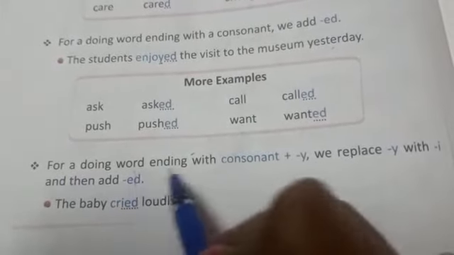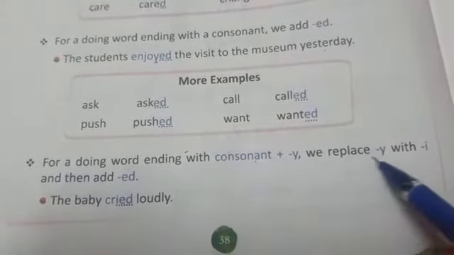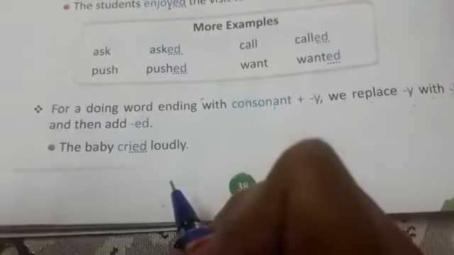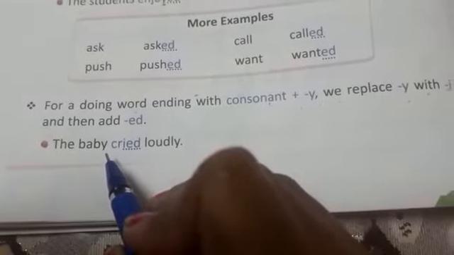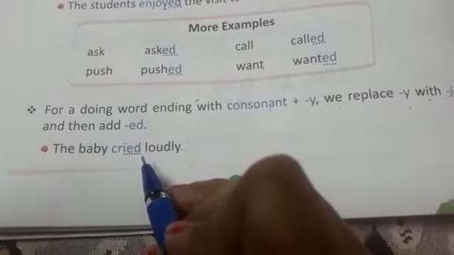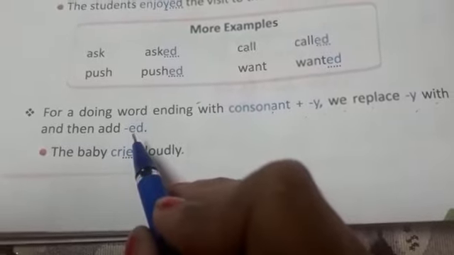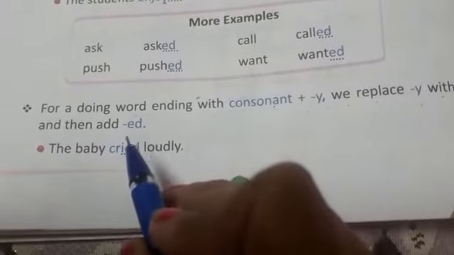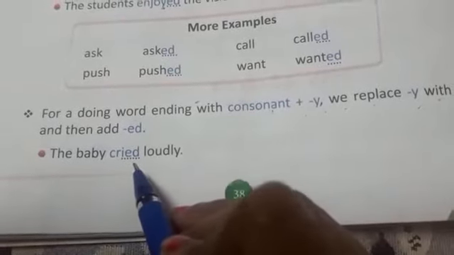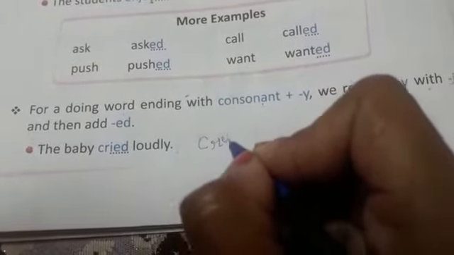For a doing word ending with a consonant plus y, we replace y with i and then add ed. If any action word ends with y, then in place of y you should write i and ed. So it becomes IED. Now the example: the baby cried loudly. Here you can see the spelling CRY.